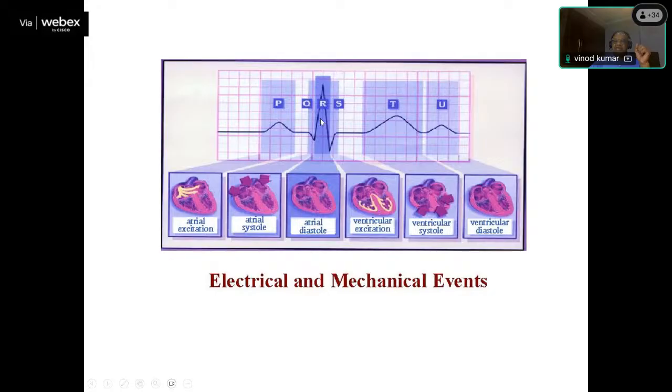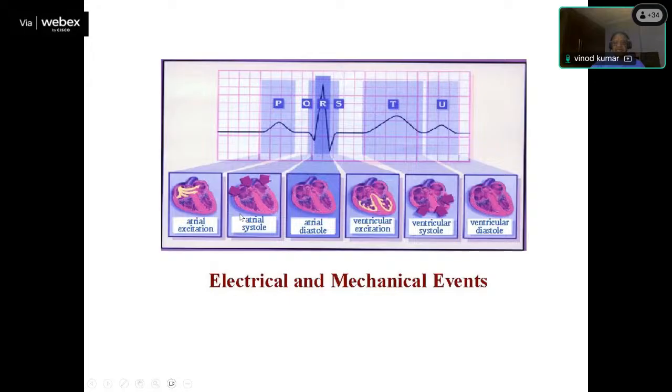Similarly, you will see in the case of the ventricles also. When right ventricular excitation is there, my S wave is generated. And when ventricular systole is there, the T wave is generated. And when it is the diastole period, my U wave is generated.